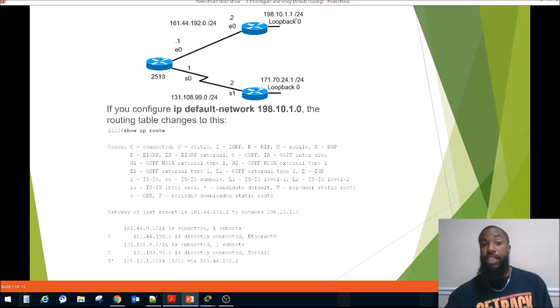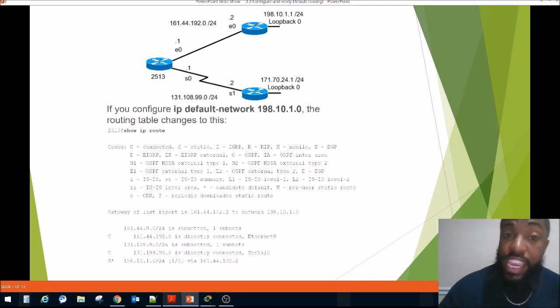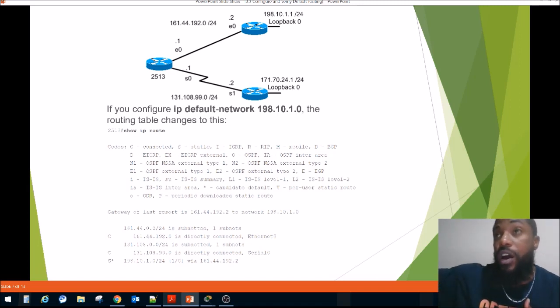So we're saying 198.10.1.0 is how we get to the internet, right? So it's not necessarily the next hop address. We're just saying this network is our default gateway, kind of. When we did the static routes in the last video, the static route to a specific interface was how to get out of the neighborhood.